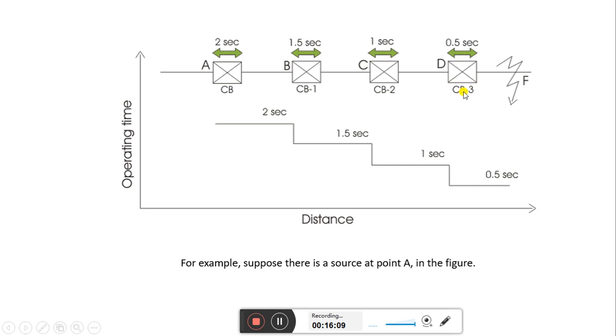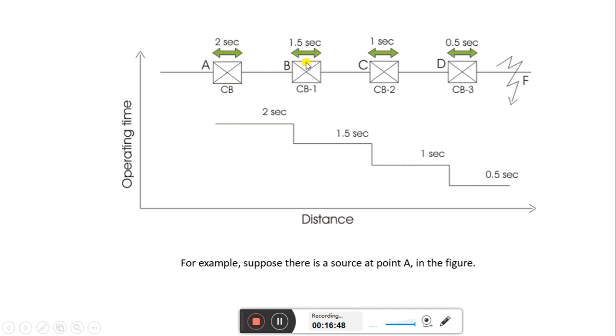with the minimum time delay, and also only a small length of the protected line will be isolated, and the rest of the healthy system will carry on supplying the power. But if CB3 does not operate and CB2 also fails to operate, then CB1 will operate. But if CB1 is operating, it takes a time of 1.5 second.